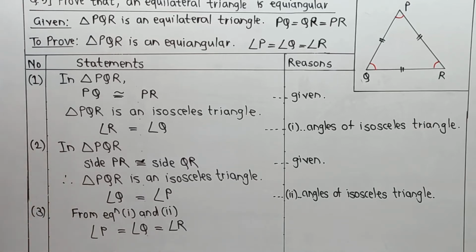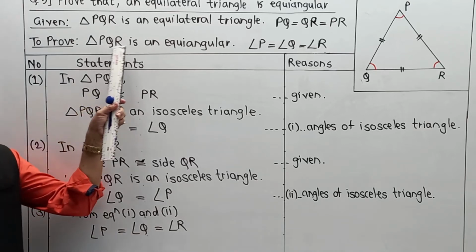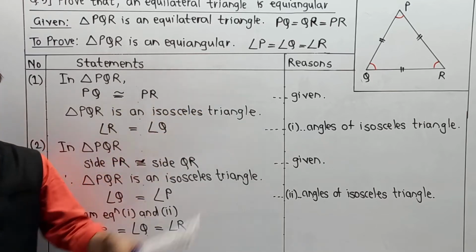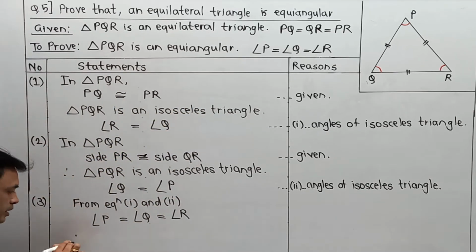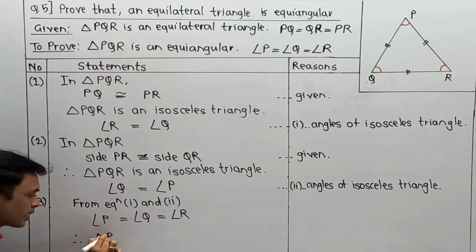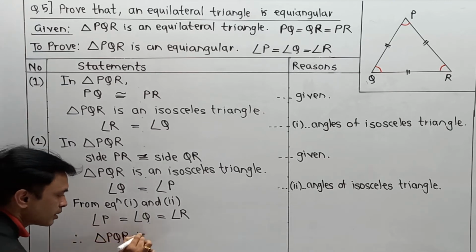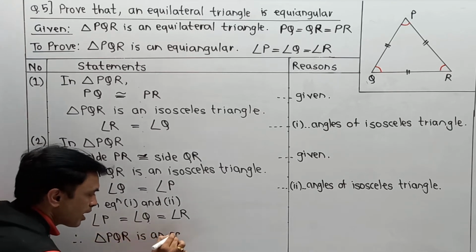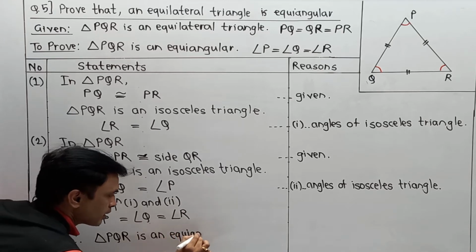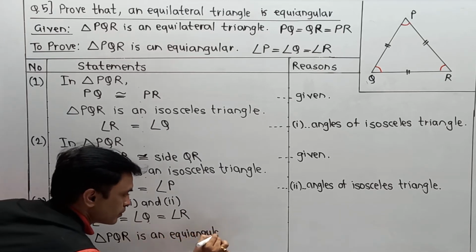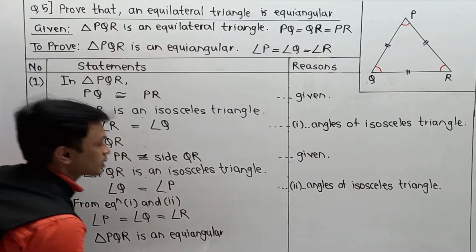Naturally, this statement, triangle PQR is equiangular. Therefore, triangle PQR is an equiangular triangle.